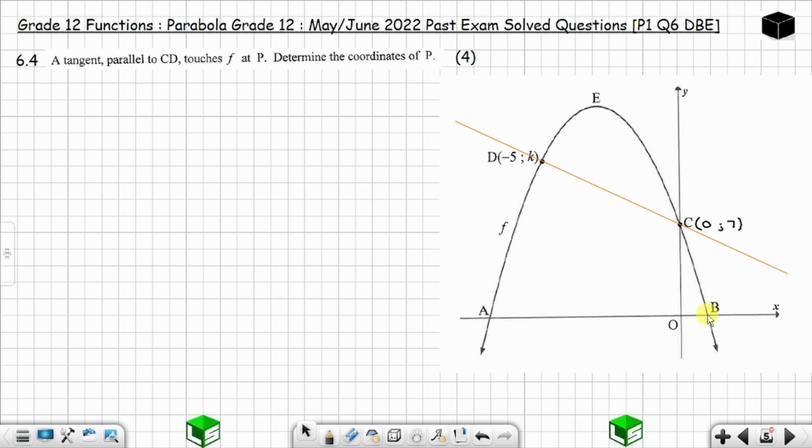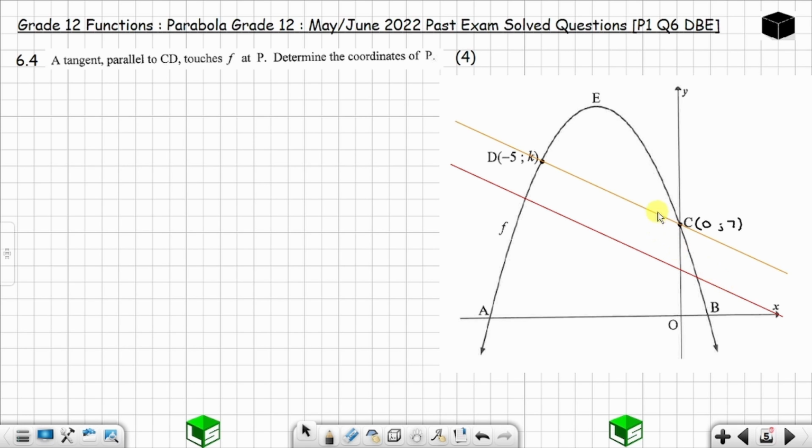Okay, so you can see if you were to draw a line parallel to CD below this line like this, you can see this is not a tangent because it's cutting or touching the graph of F twice. You can see it's cutting there, 1, and there, 2, so twice. For a line to be considered a tangent, that line must touch the curve or the parabola only at one point.